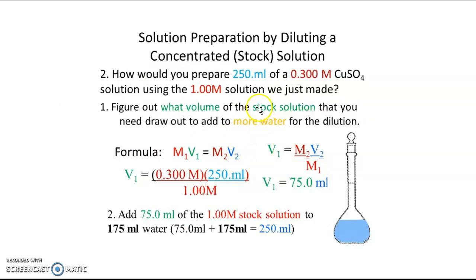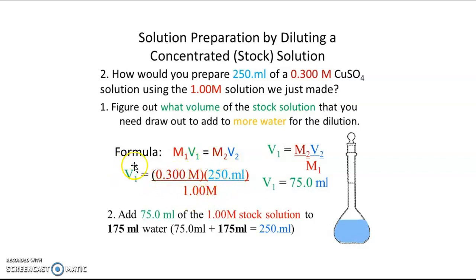Here you have a problem. For example, if you want to prepare 250 milliliters of 0.300 molar copper sulfate by using a 1 molar solution, what is the volume that we have to take from the first concentration to prepare the diluted one?